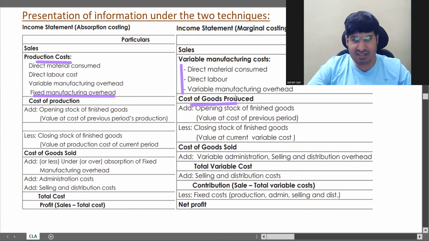In marginal costing, you add fixed overheads as a separate line.